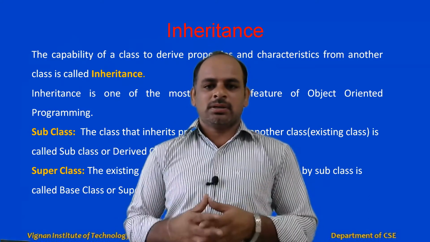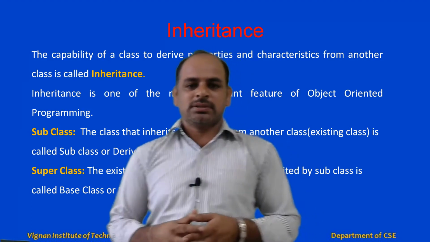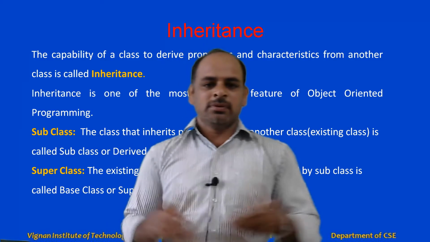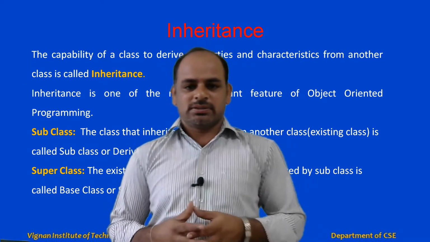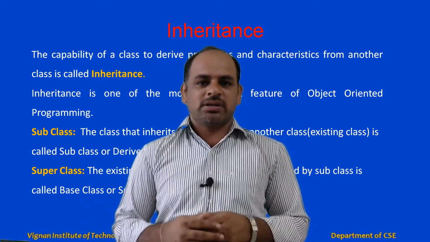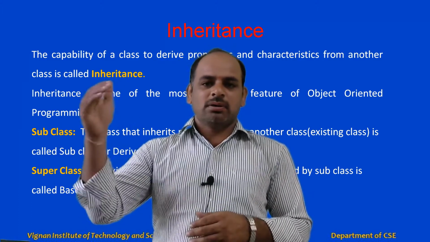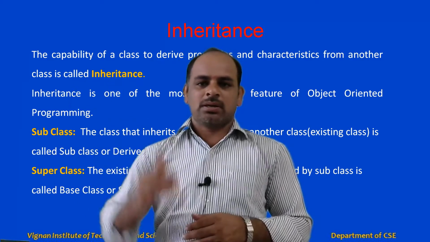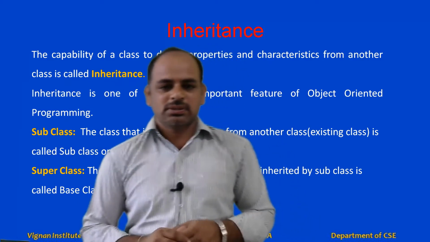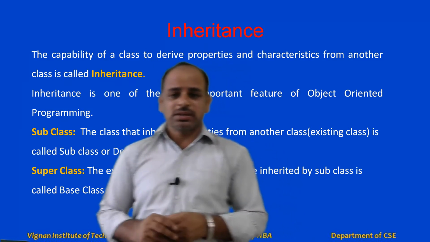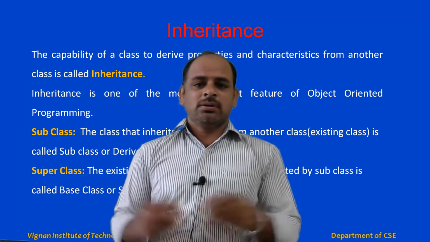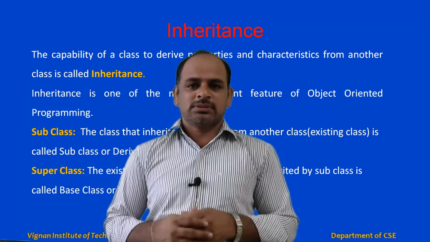So here the definition of inheritance is the capability of a class to derive properties and characteristics from another class. Deriving a new class from an existing class is called inheritance, right? Then all the existing class properties are inherited into the derived class. The class that inherits the properties from the other existing class is called a subclass, child class, or derived class.